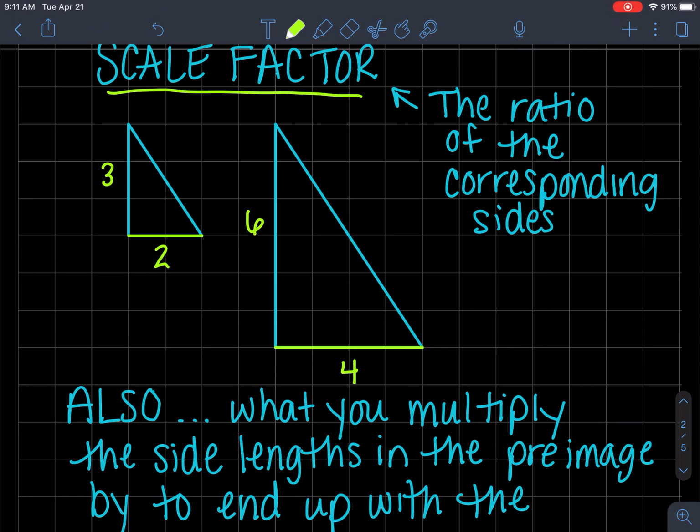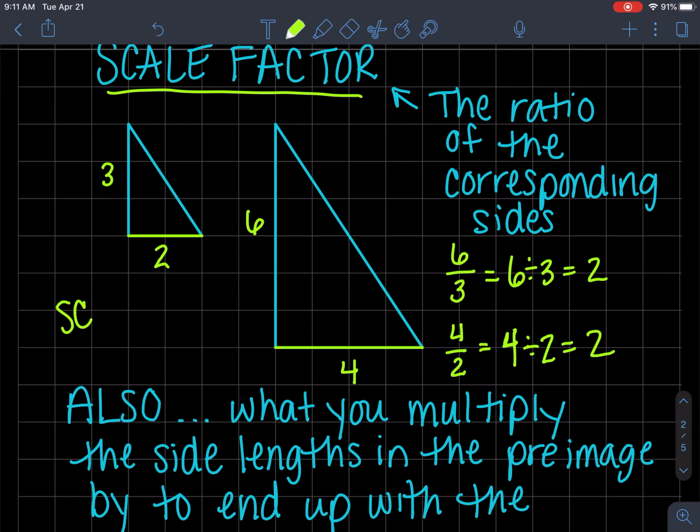So we're going to put them in 2 fractions with the corresponding sides. So I have my second shape over my first shape, second shape over my first shape. We've done this one already, but that's okay. 6 divided by 3 equals 2. 4 divided by 2 equals 2. Okay, so the scale factor for this one is 2.